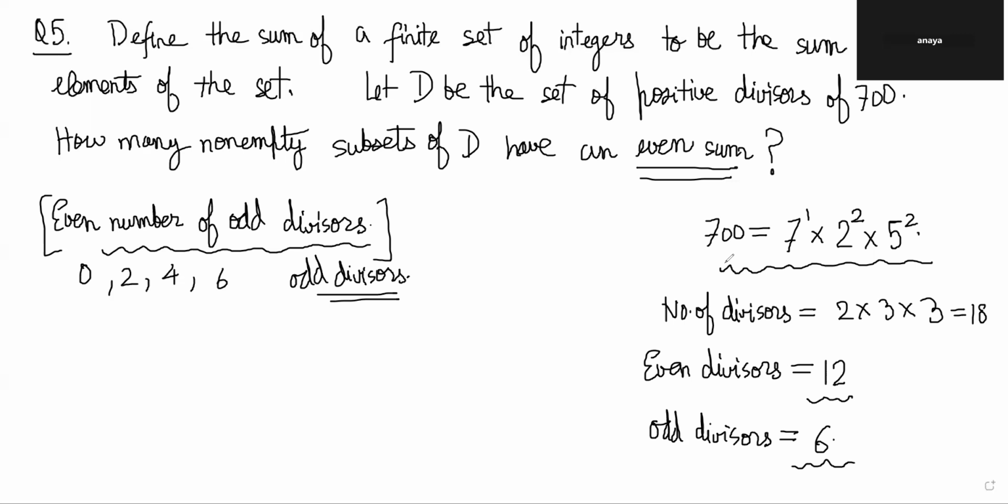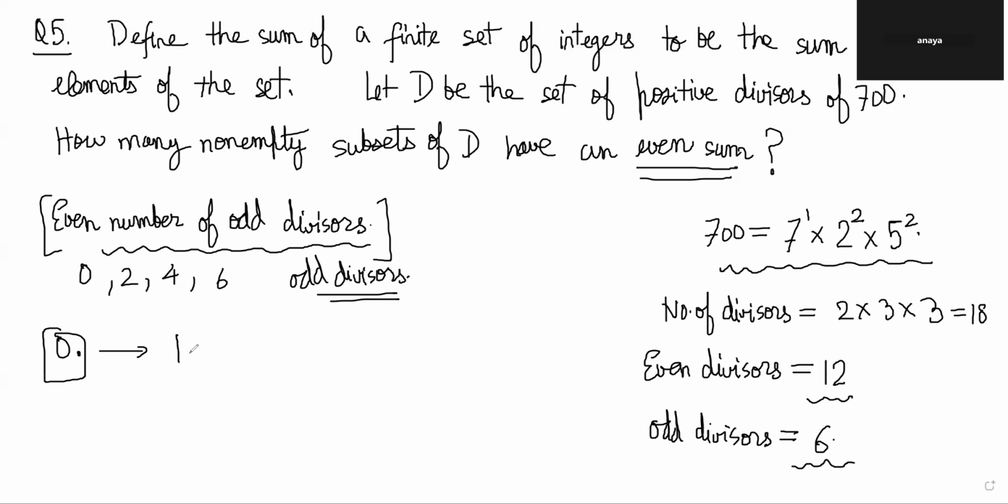We don't care about the number of even divisors in any case. If you select 0 odd divisors, there is one way to do that: basically, don't select any of them.